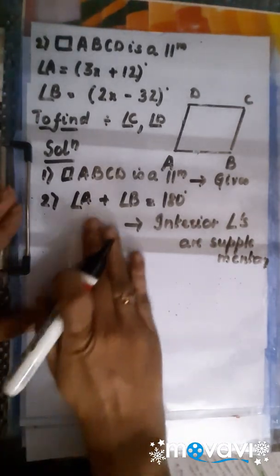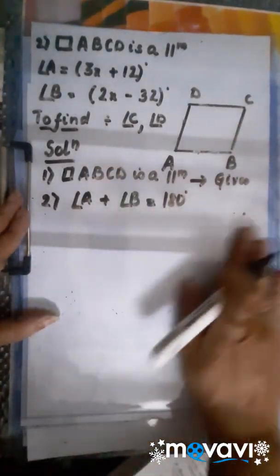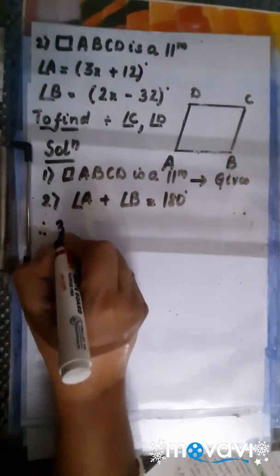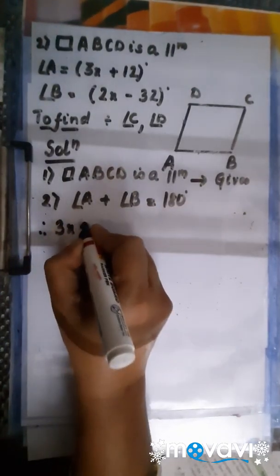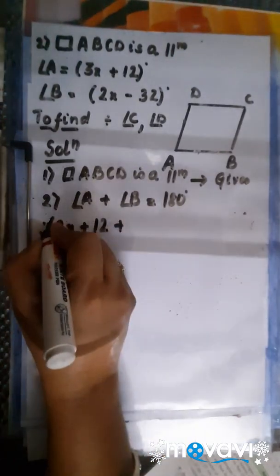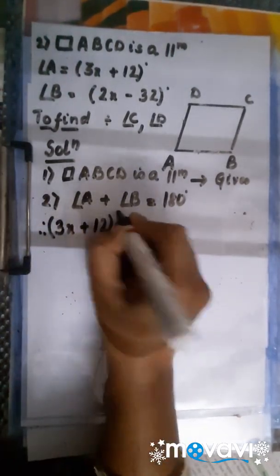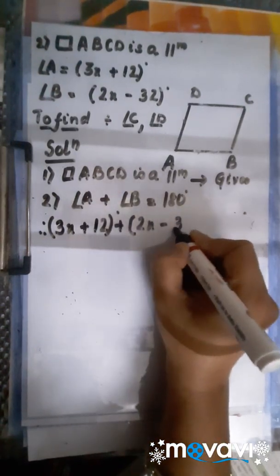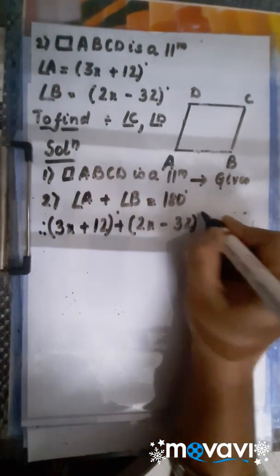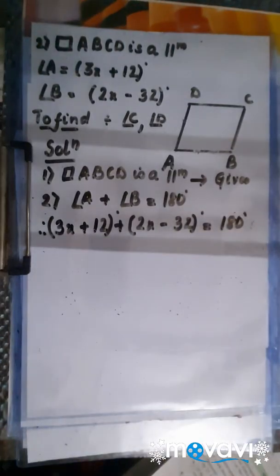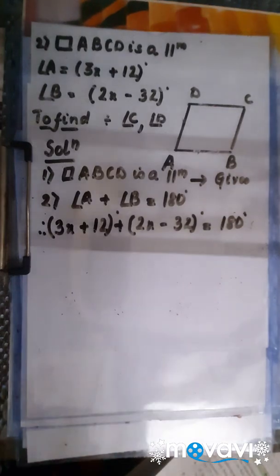Okay, now therefore 3x plus 12 plus 2x minus 32 is equal to 180 degrees.